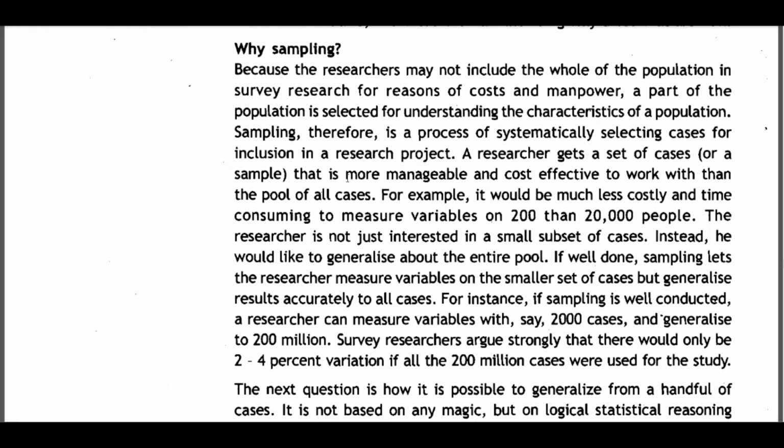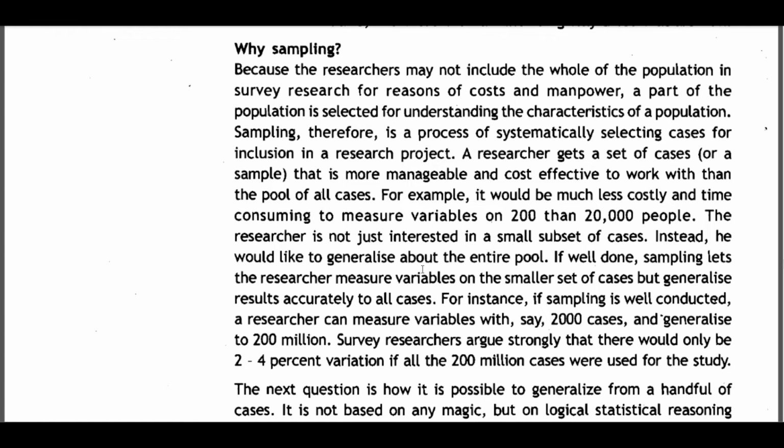A researcher gets a set of cases or a sample that is more manageable and cost effective to work with than the pool of all cases. For example, it would be much less costly and time consuming to measure variables on 200 than 20,000 people. The researcher is not just interested in a small subset of cases. Instead, he would like to generalize about the entire pool.